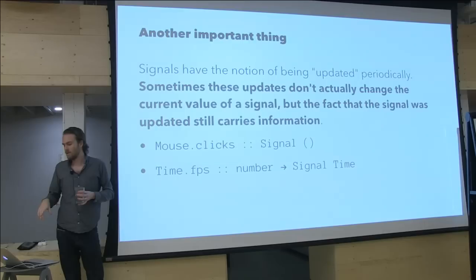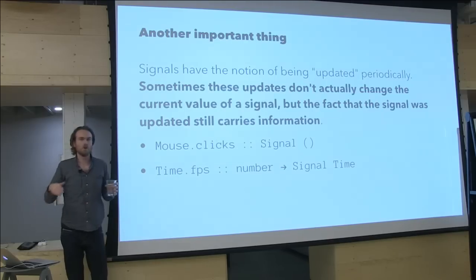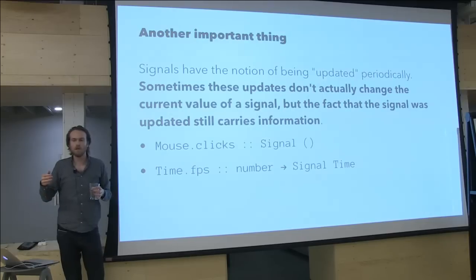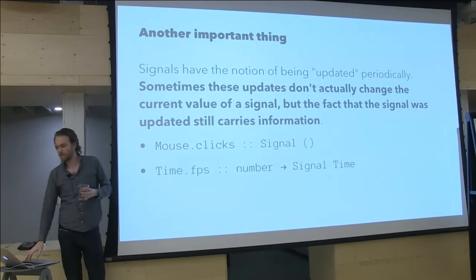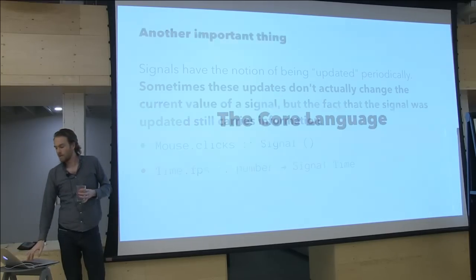So that's often going to be the same value more than once in a row. Sometimes it'll be different, but either way, it's discrete events that you react to.